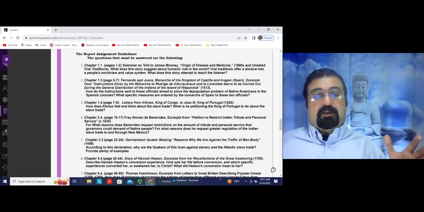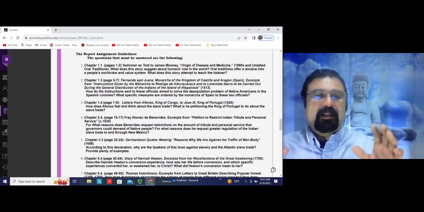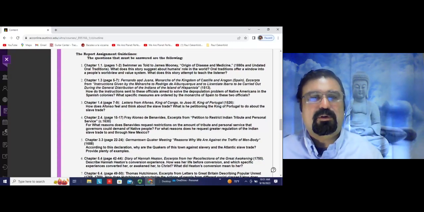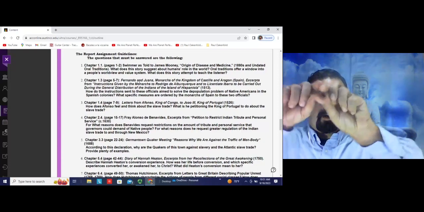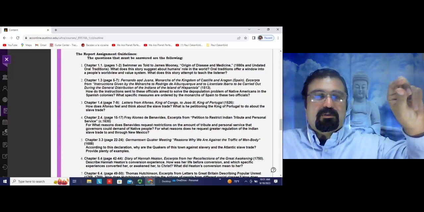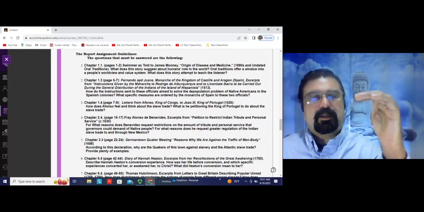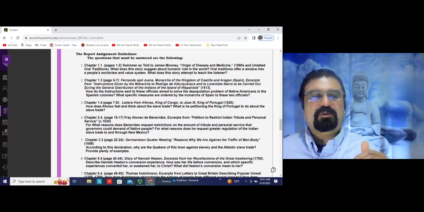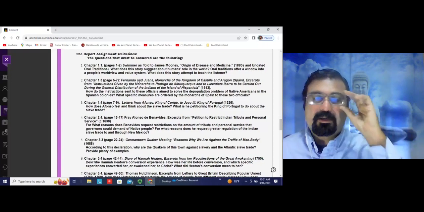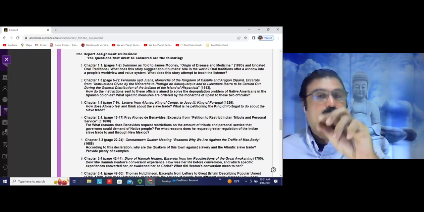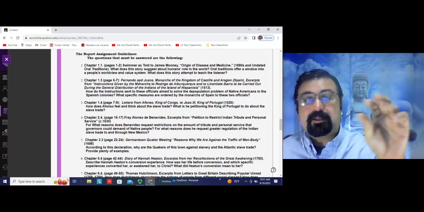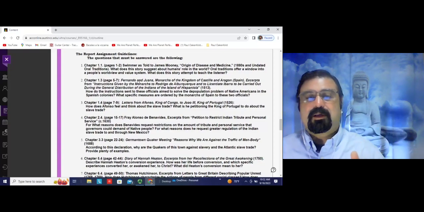Now, in terms of the format, please follow a question and answer format. On the top of the page, write the title of the document, and then write the question and then the answer. Question and answer. You move to the second document, write the title of the document, and then write the question and answer.